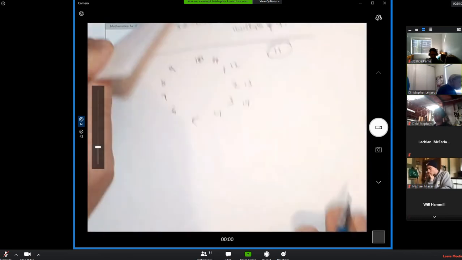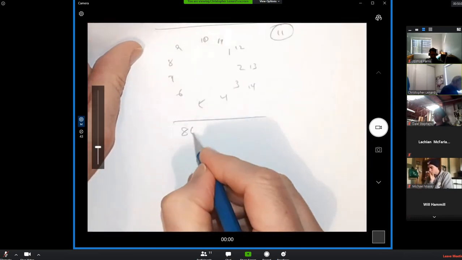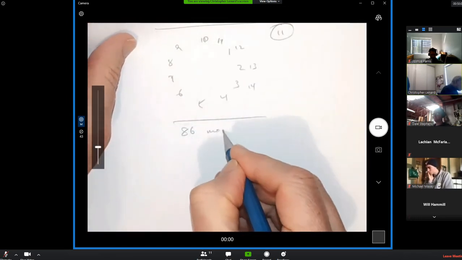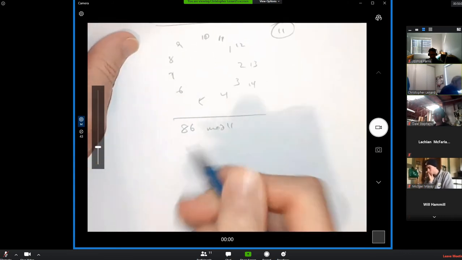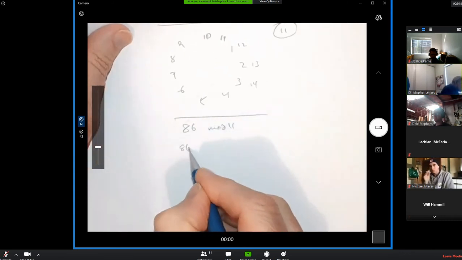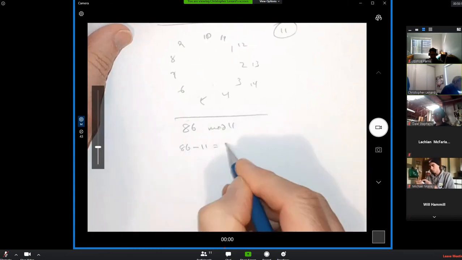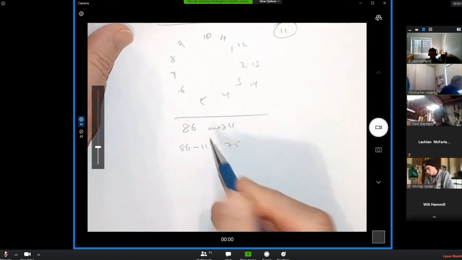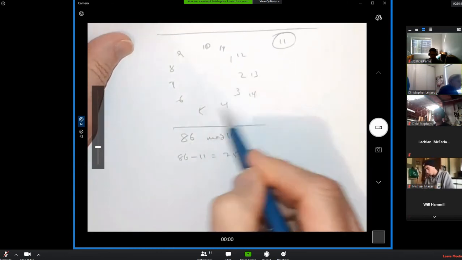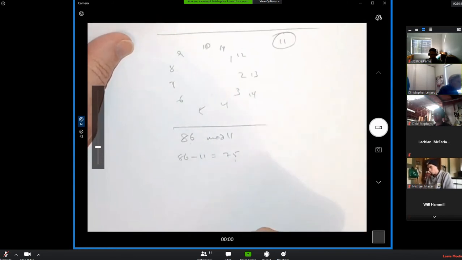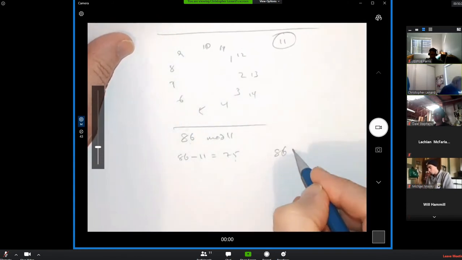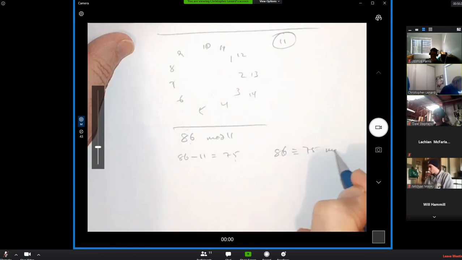Another way of doing it, we're reducing 86 mod 11, is to think, oh, 86 minus 11 is 75. So wherever 86 appears on the clock face, it'll be congruent to 75. So 86 is congruent to 75 mod 11.